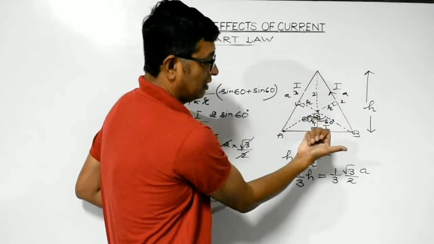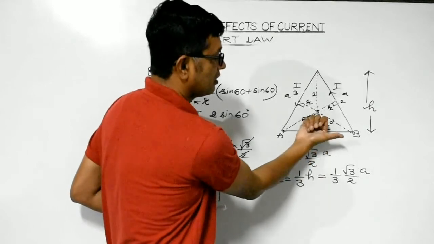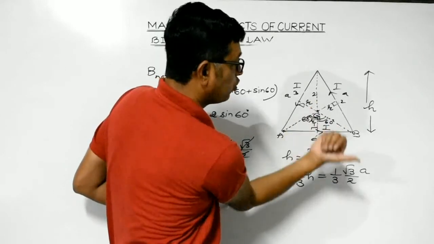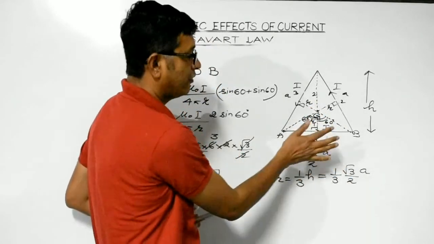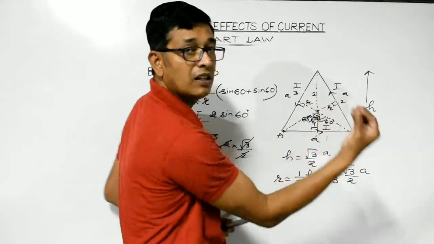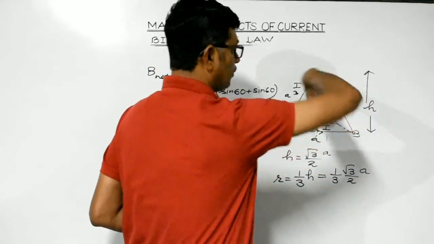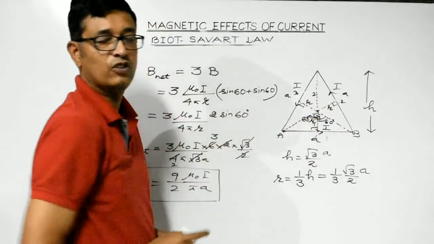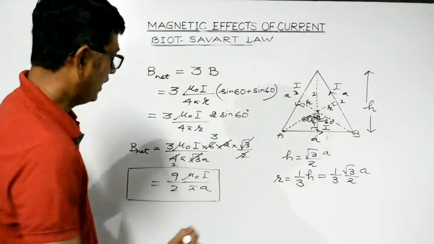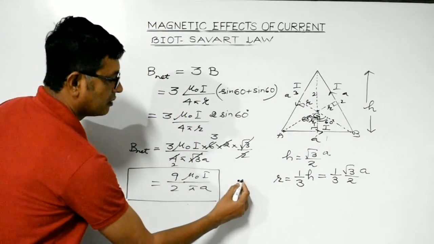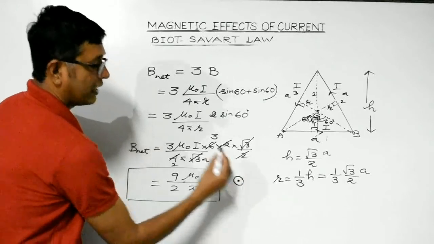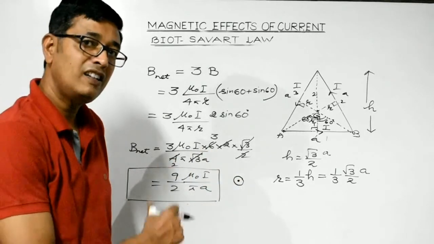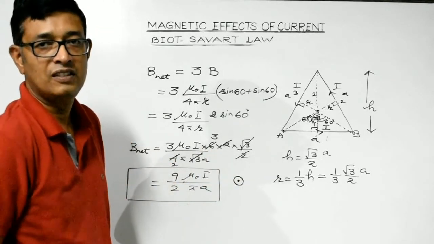You will observe that the fingers curve in the outward direction from point G. So the magnetic field lines from point G will appear to be coming outwards due to each of these three parts of the triangular loop. So net magnetic field direction is perpendicular to the plane of the triangular loop and directed outwards.